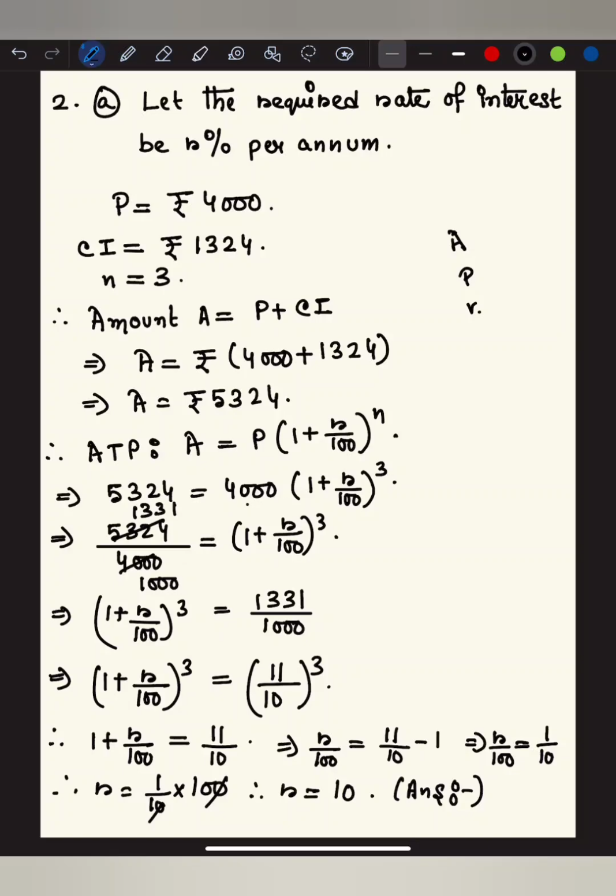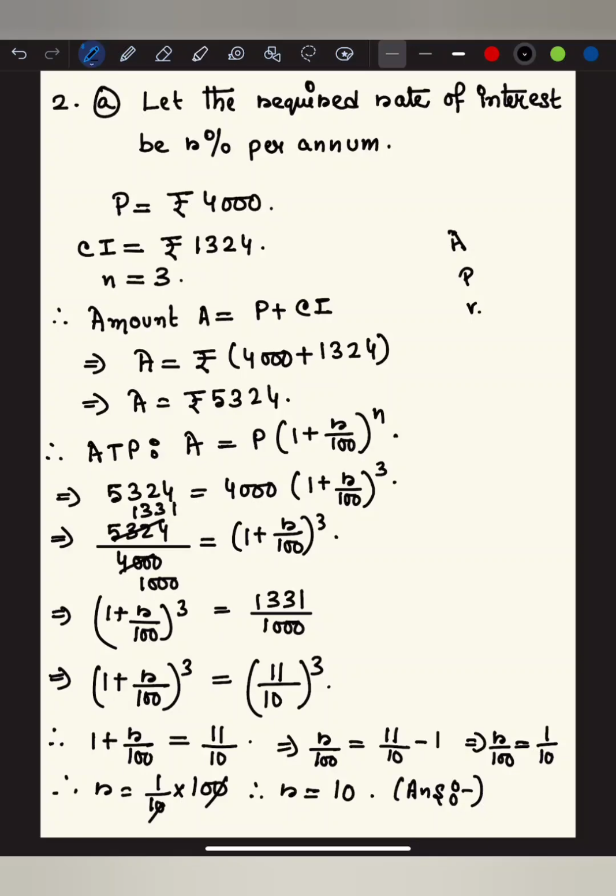Now I have brought this 4000 to the denominator on this side, so it becomes 5324 by 4000 equals 1 plus r by 100 whole cube. Since here it is in cubic form, we need to express this in cubic form. So first of all, I have simplified it. I have divided the numerator and denominator by 4. So we got 1331 here and 1000 here.